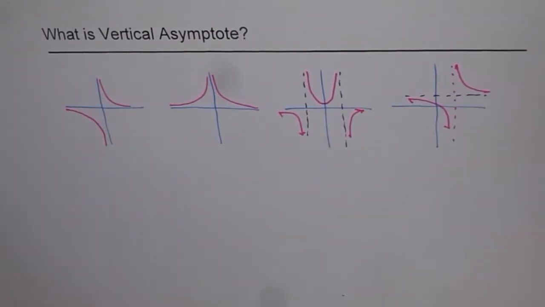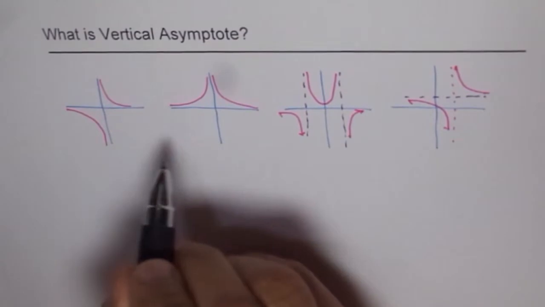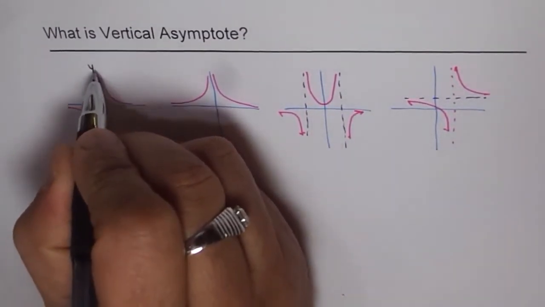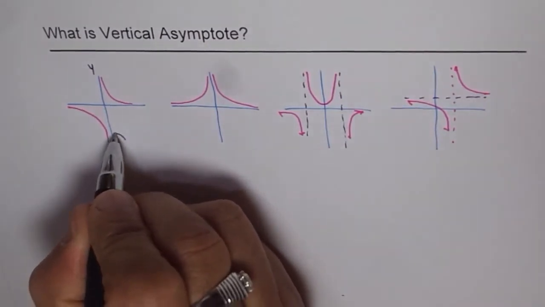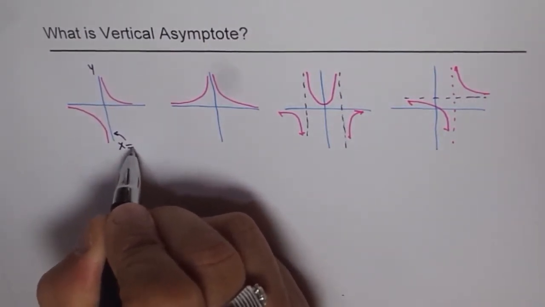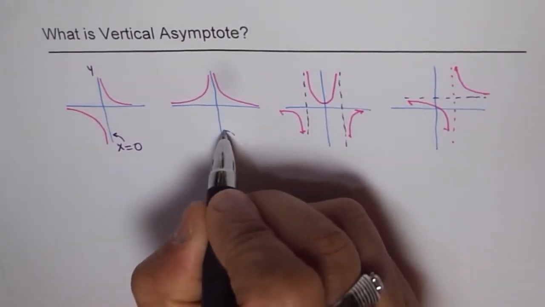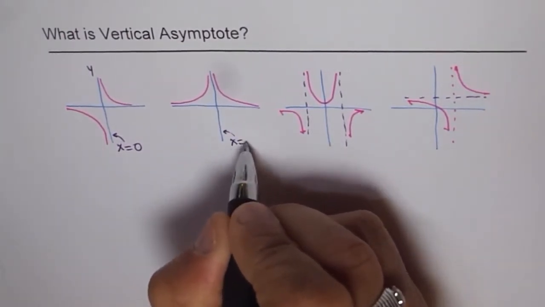Right. So what is common in all these is a vertical asymptote. So here we have a vertical asymptote which is the y-axis, and the equation of this vertical asymptote is x equals 0. Here also we have a vertical asymptote which is the y-axis, and the equation is x equals 0.